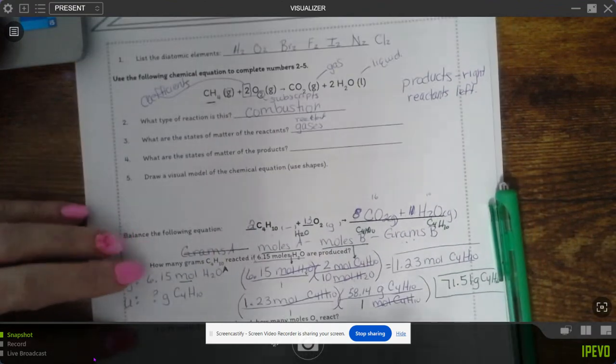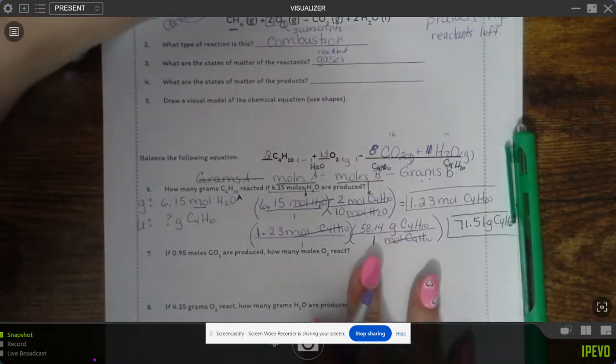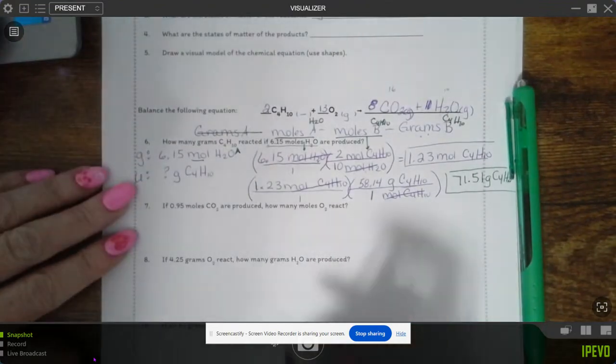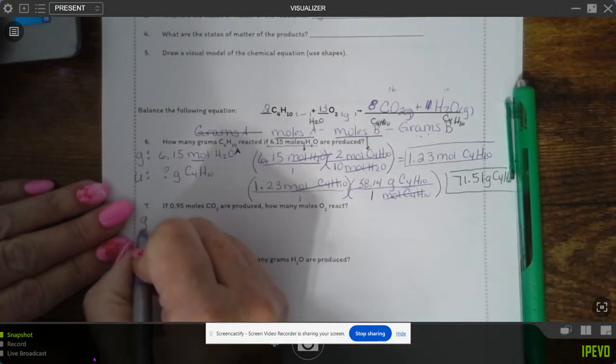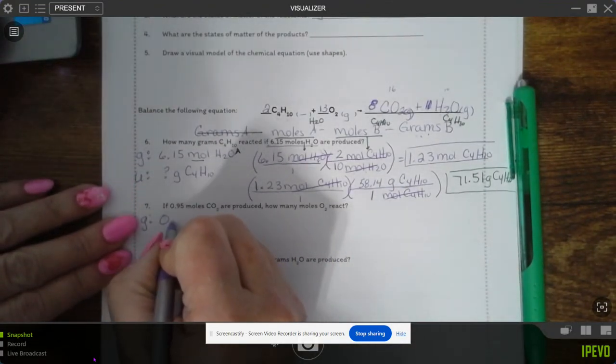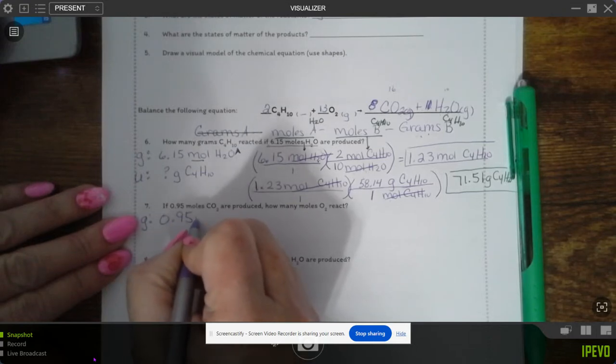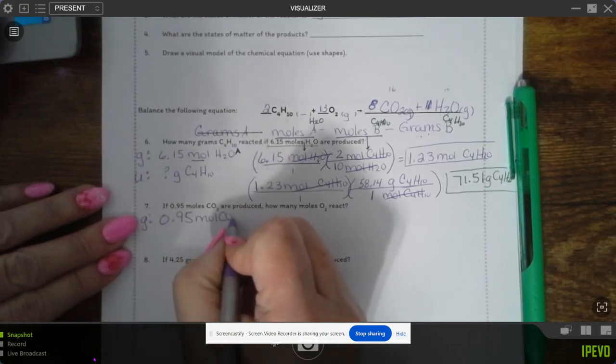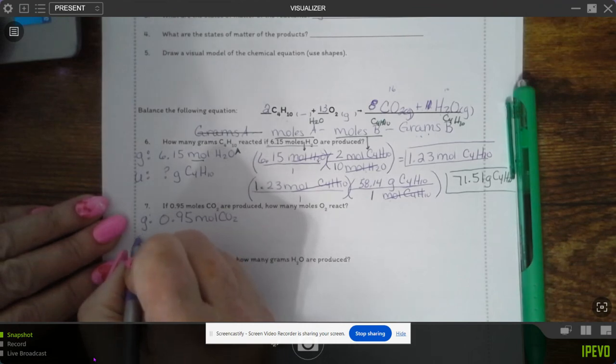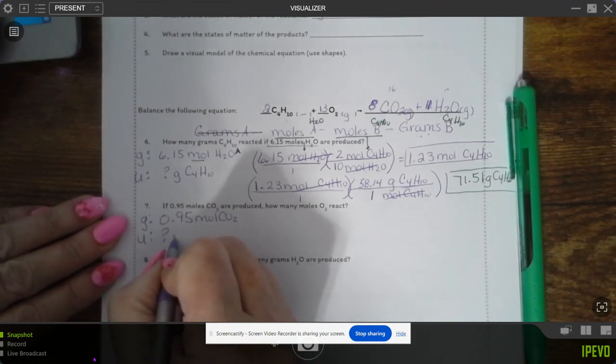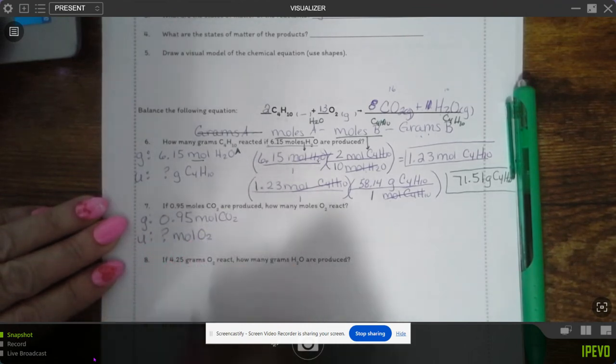Okay. All right. Question number 7. So this says we are given 0.95 moles of CO2, and we want to know how many moles of O2.